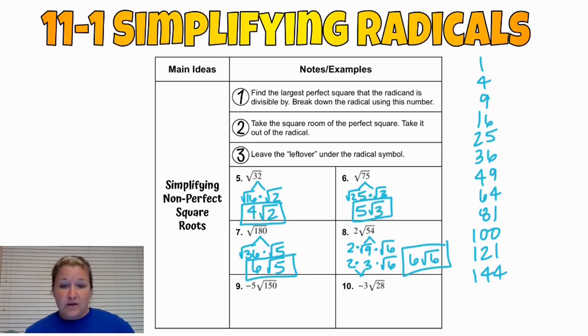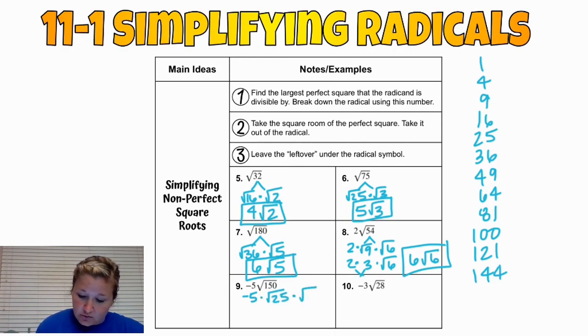And then we have 100. Now we have 150. The perfect square that can go into 150 is 25. So I have -5 times the square root of 25 times the square root of 6, because 25 times 6 gives me 150.